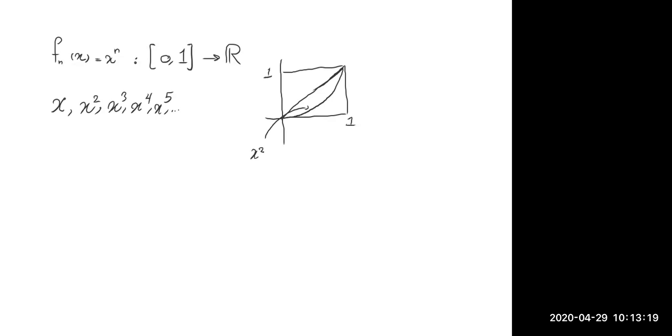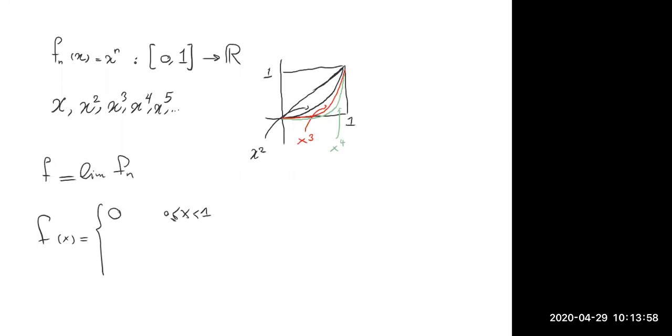Now, if I look at the other functions in this sequence, the way they deform is like this. X cubed would be like this. And then x to the 4 would be like this. And if we compute their limits, if we define f to be the limit of fn, f of x is equal to 0 if x is between 0 and 1, strictly less than 1.